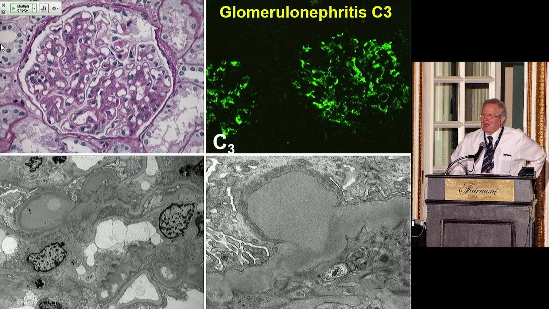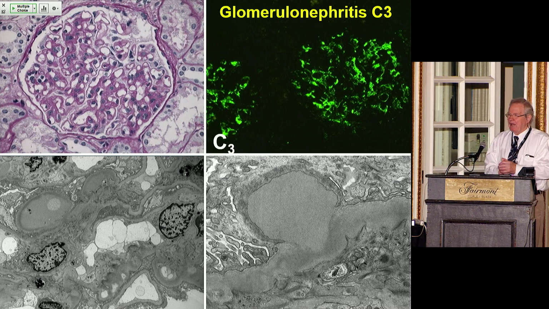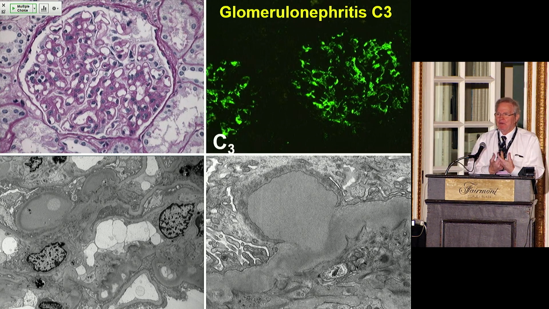The functional activity of these diseases gets triggered by intercurrent infections. So if the biopsy is done between infections, between active disease, you will find a mesangial-proliferative pattern, mild focal inflammation or something like that.